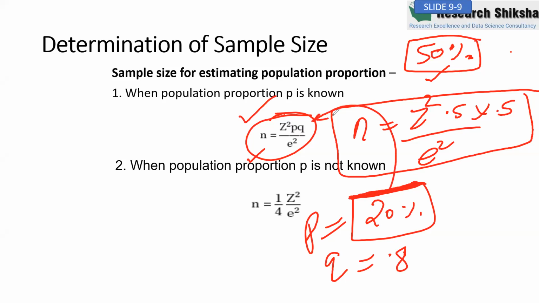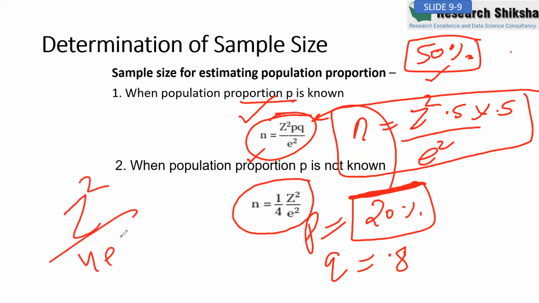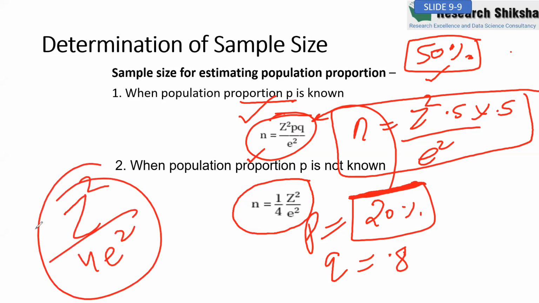And if you do not know the population proportion, you do not know the variance also, then you keep this magical figure for your sample size. In this case, everything is constant: z square upon 4 e square. So whatever value comes, you can decide your formula according to that.